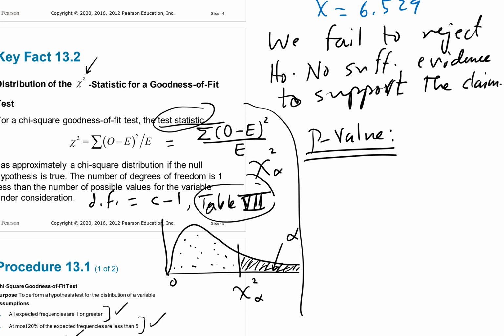So how do you find this? We first look at the degrees of freedom, which is 3, right? And we take the test statistic value that we found earlier, 6.529.